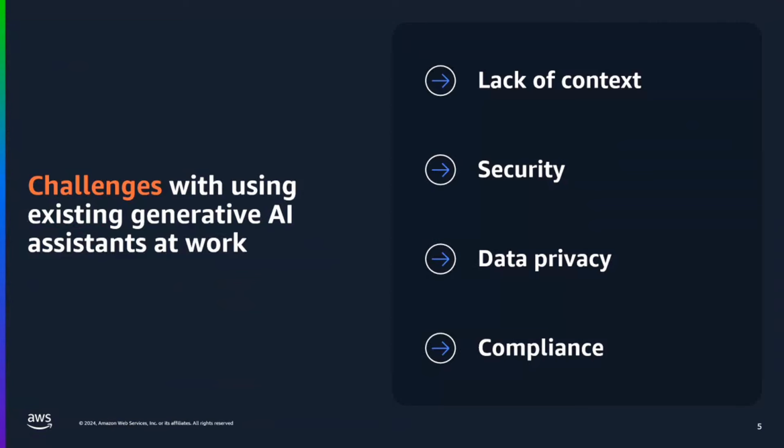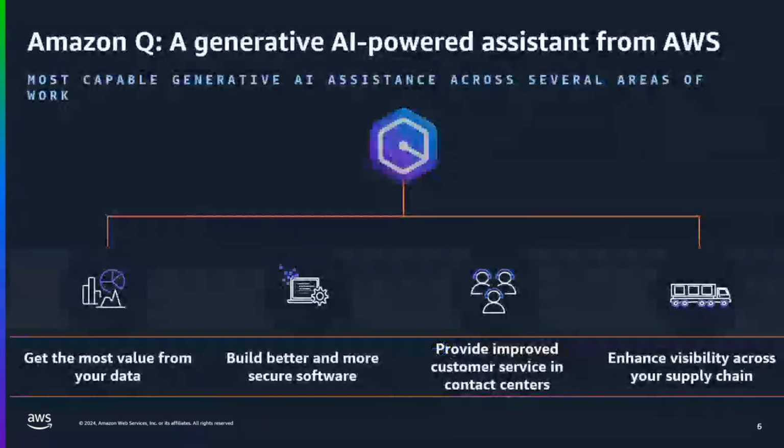In addition, security and privacy are of utmost importance. We should make sure that the guardrails and the controls are in place, and also provide a seamless interface to administrators so that they can control security posture. And in addition, one needs to look at whether the applications are compliant with organizational compliance requirements. So these are some of the challenges that you tend to see with general purpose chat assistants.